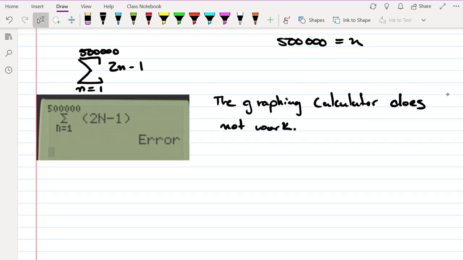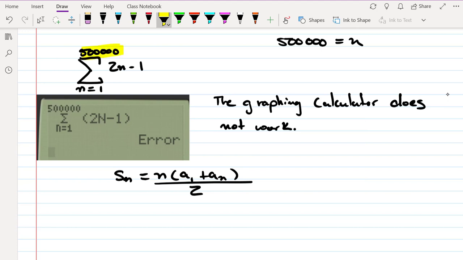So we now have all we need. So we have S sub n is equal to n times a1 plus an all over 2. Well, luckily, we already solved for what our n is. And then we know our first term and our last term.